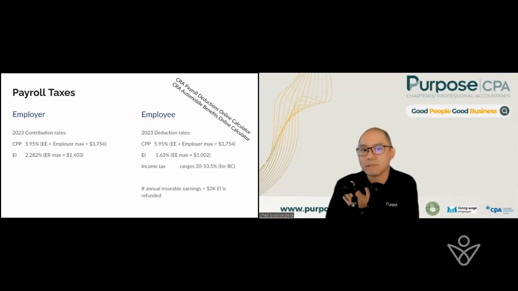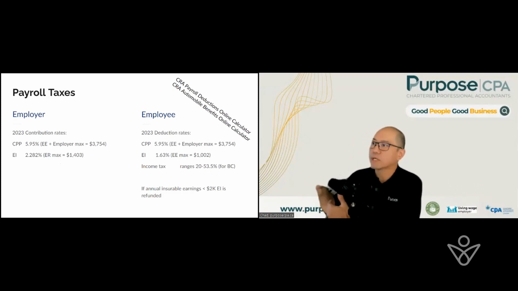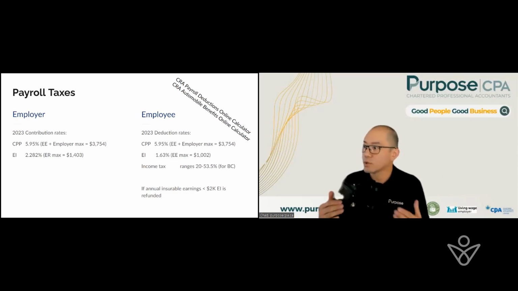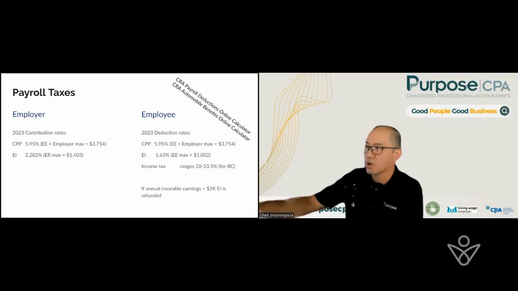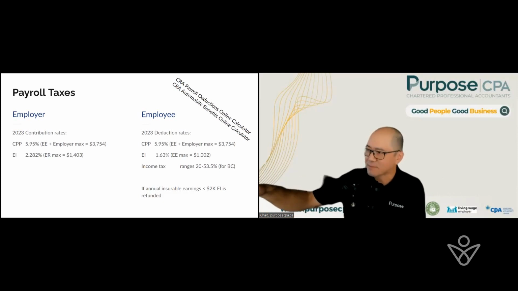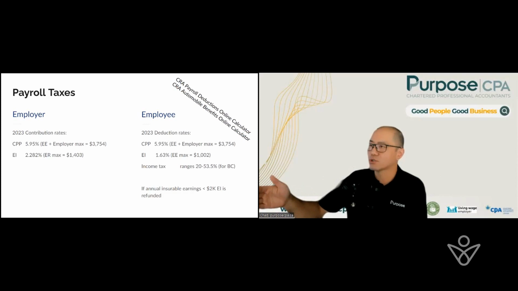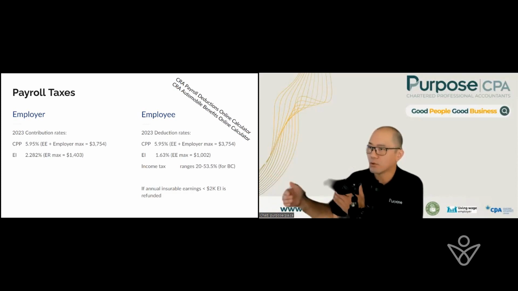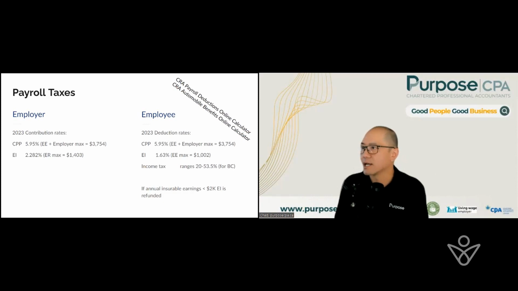The employee also will be deducted for income taxes, and it depends on how much they're earning and the frequency of when they're earning. CRA has these calculators online that you can use for free to calculate what that is. If you're doing payroll manually, meaning that you are giving somebody $1,000 for their 2 weeks of work, maybe that's a little bit low, let's say an X amount of money, you need to figure out how much to withhold in order to meet the requirements of CPP, EI and income taxes.